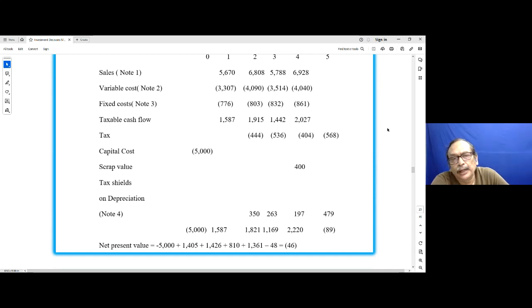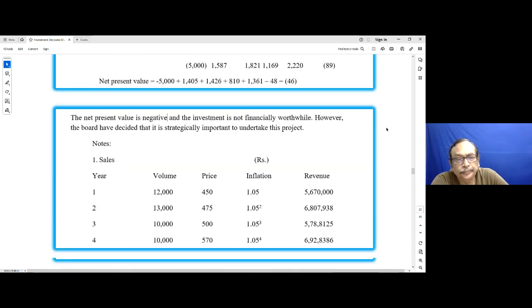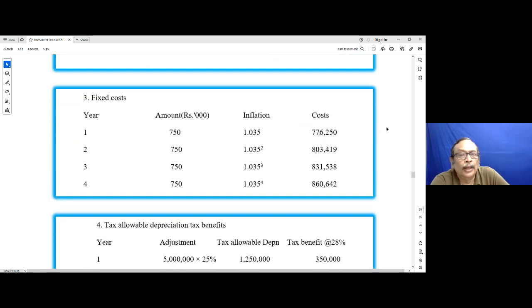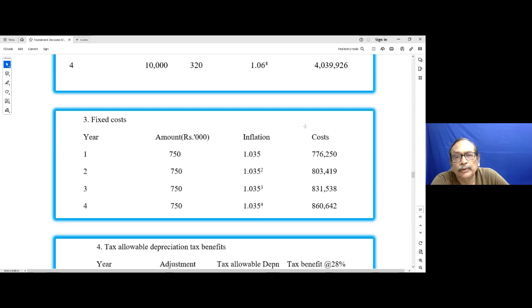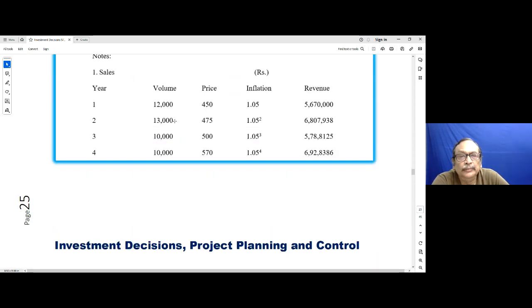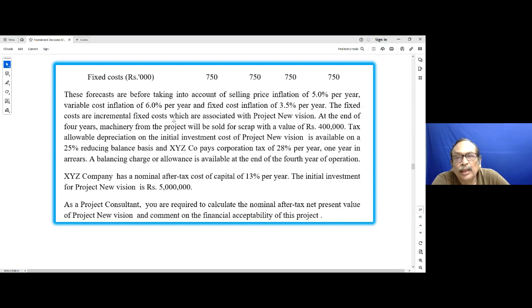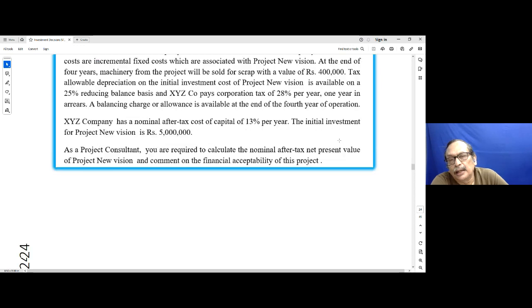Now we are going to have fixed cost. Also there will be an inflation as per note 3. Just have a look in the problem: it is given fixed cost inflation of 3.5% per year.